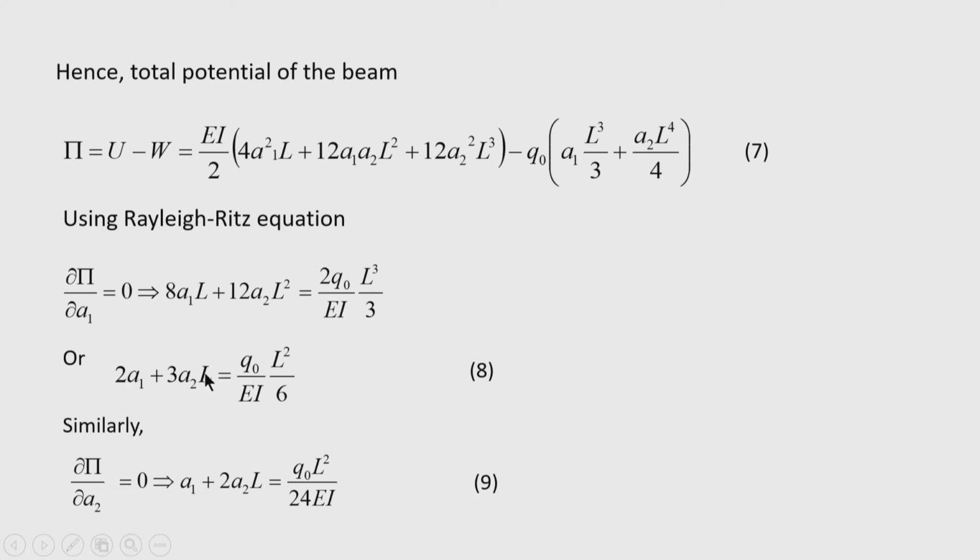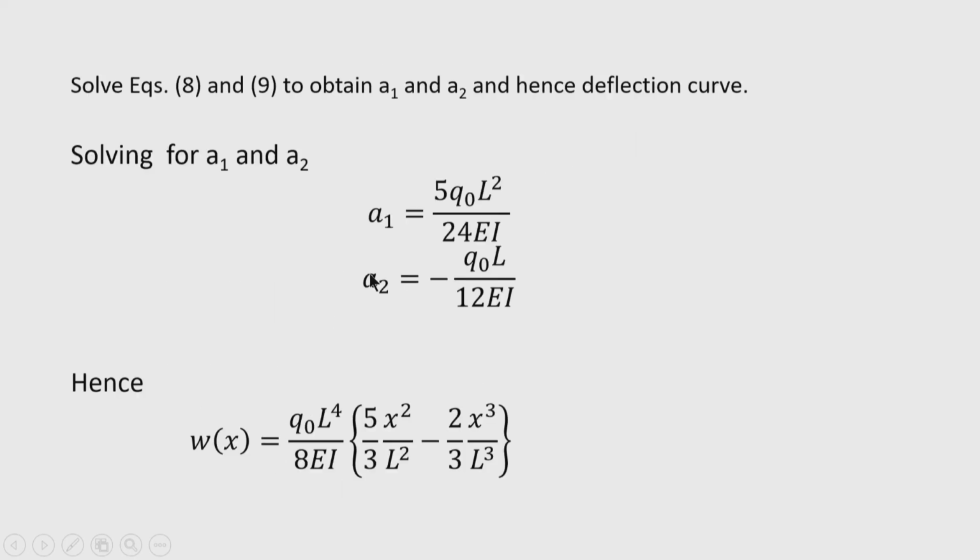You can see that equations 8 and 9 contain two unknown quantities a1 and a2, and this can be solved easily. After solving we get a1 equal to 5 q naught L square divided by 24 EI and a2 equal to minus q naught L divided by 12 EI.